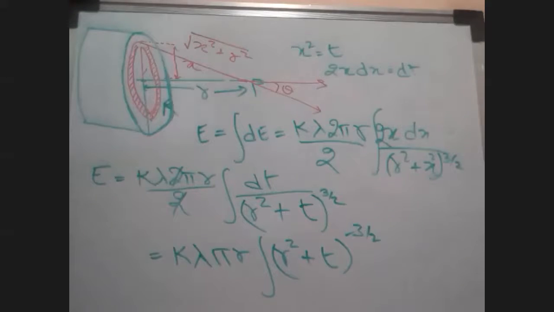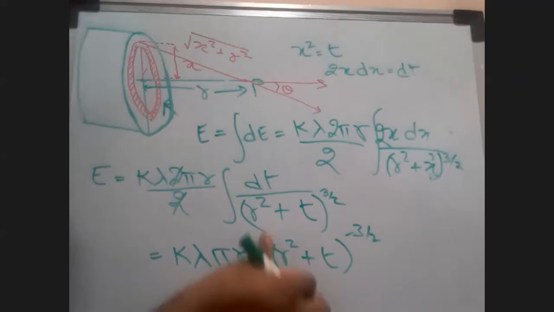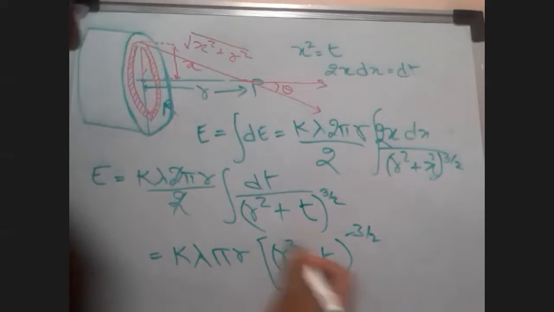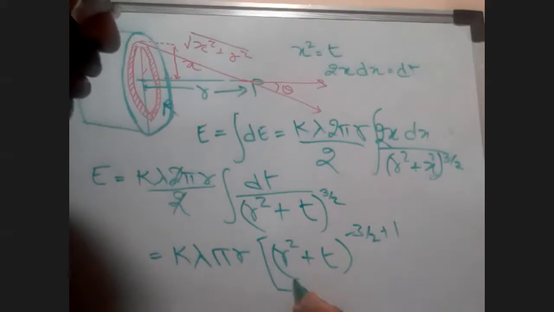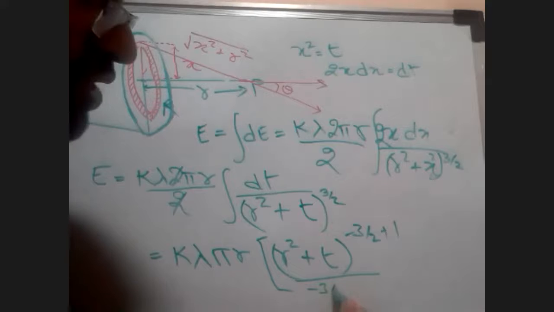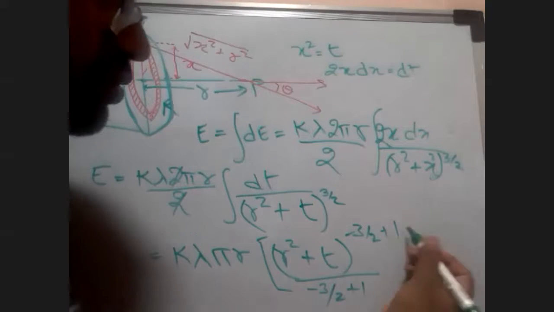And what will be the integration of this? I'll remove this integration sign now. We'll get r square plus t raised to minus 3 by 2 plus 1, upon minus 3 by 2 plus 1.